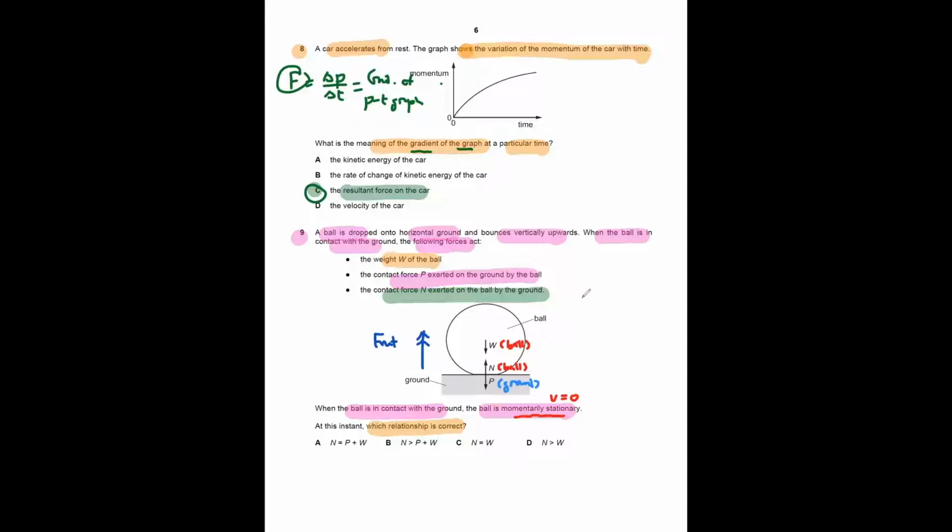So you apply F net equals to ma for the ball itself. What is my net force? My net force is actually going to be N minus W. Then after that, you shift the W to the other side, so N will now be F net plus W. If you look at this equation itself, your W must be added with your net force to give you N. So this tells you that N is already more than W itself.